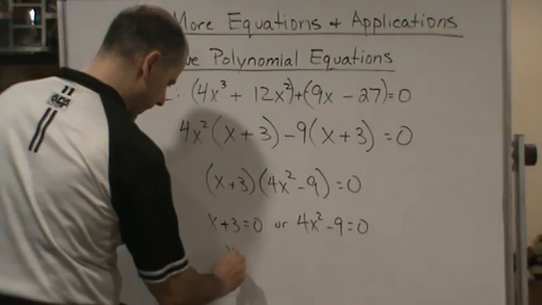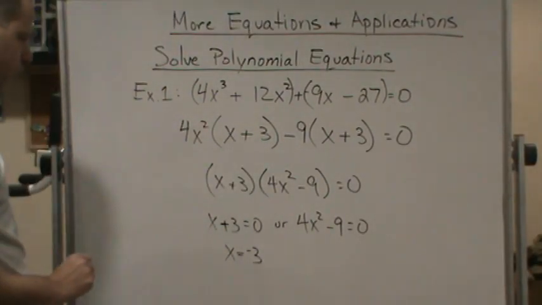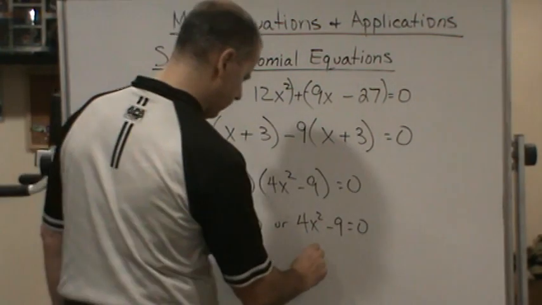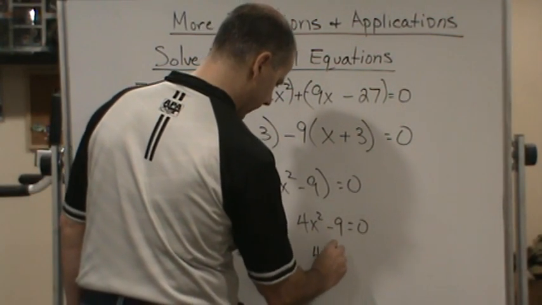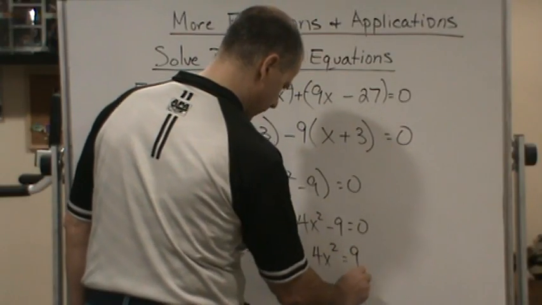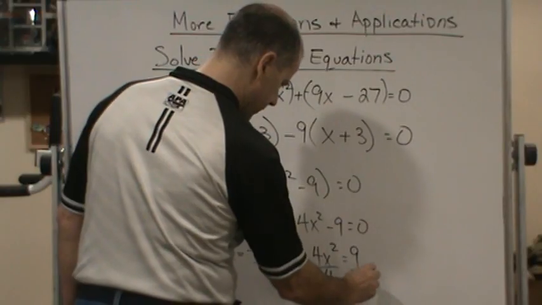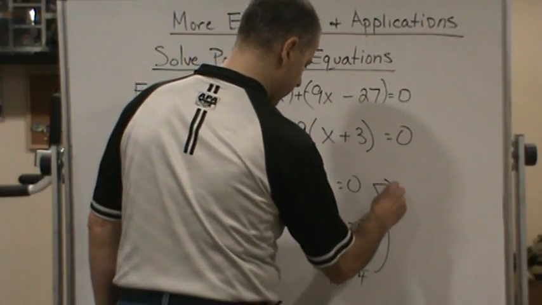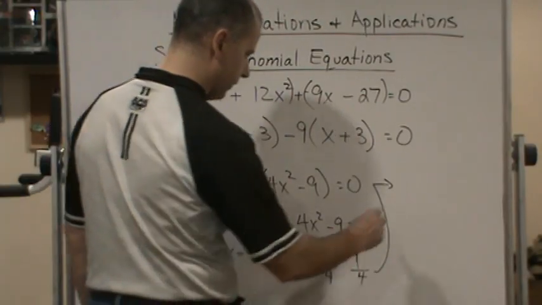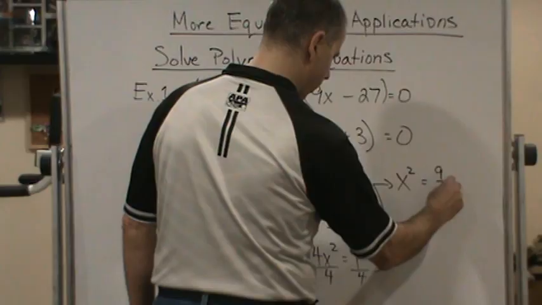So this will give us x equals negative 3. Now if we solve this one, we just add 9 to both sides, so that'll give us 4x squared is equal to 9. And then we divide both sides by 4. Okay, and so what's that going to give us? That's going to give us x squared is equal to 9/4.